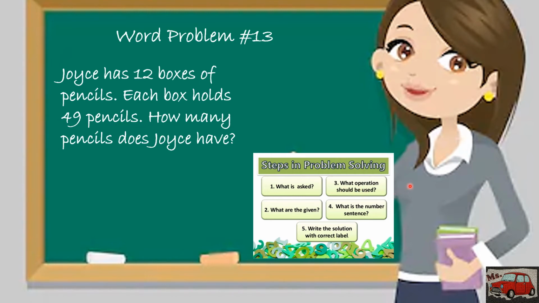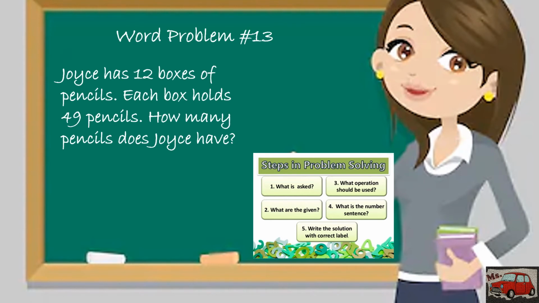What operation should be used? So since ang keyword natin dyan ay each box holds 49 pencils at meron tayong 12 boxes, so para malaman natin yung total na pencils natin, we need to multiply. Okay? And what is the number sentence? So since multiplication ang gagamitin, that is 12 times 49.